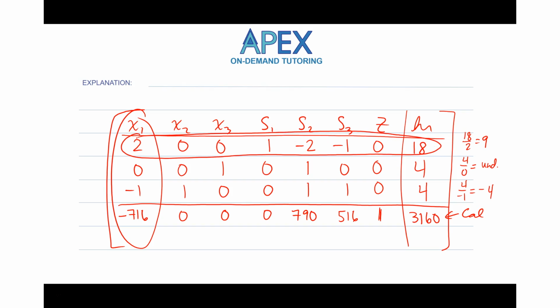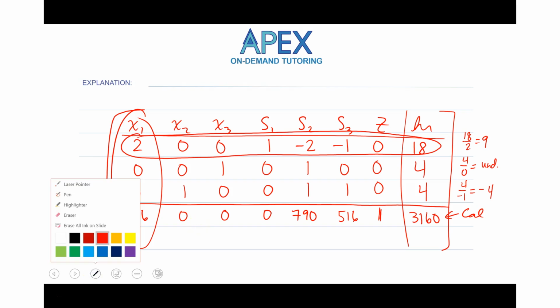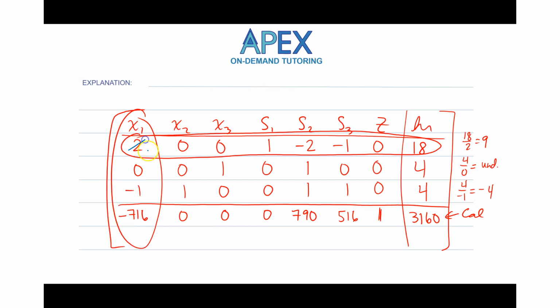But we have to do two things here. We have to divide this row by 2. And I'll do that in a different color. So 1, 0, 0, 1/2, -1, -1/2, 0, and 9. And then we have to decide what we will do with that row to the others. So of course we'll leave this one alone.